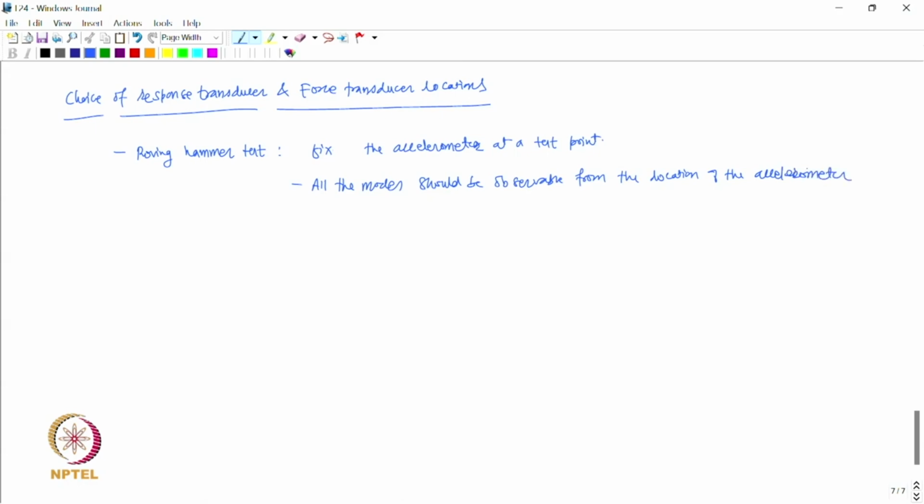And the modes would be observable if the test point or the location of the accelerometer does not coincide with any of the nodes of any of the modes.